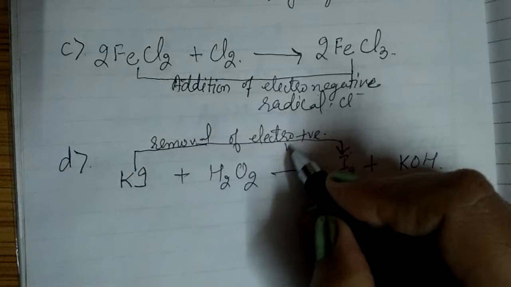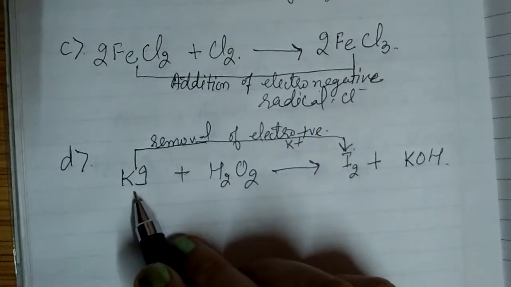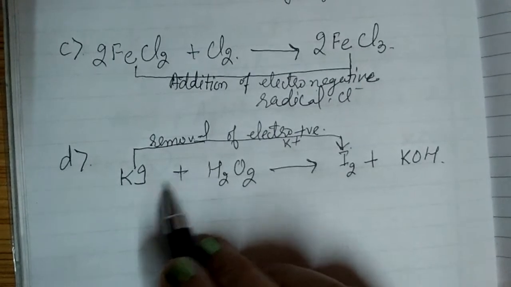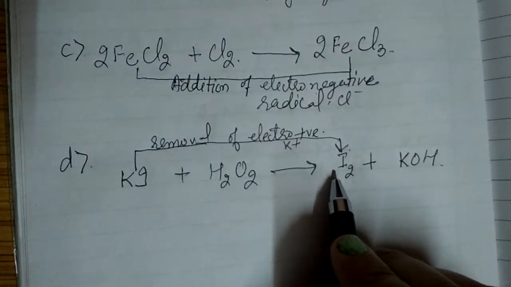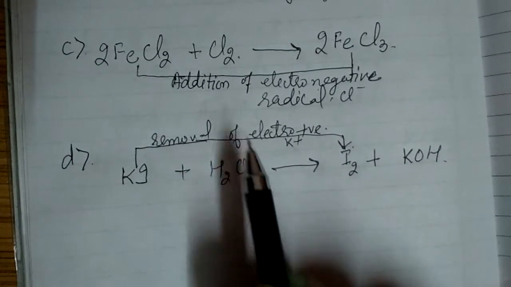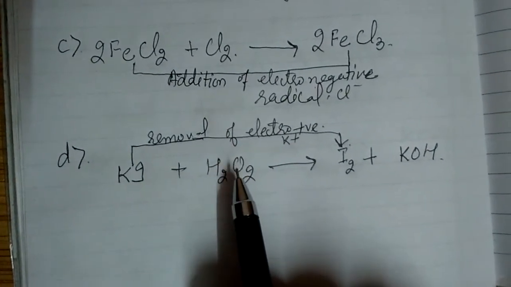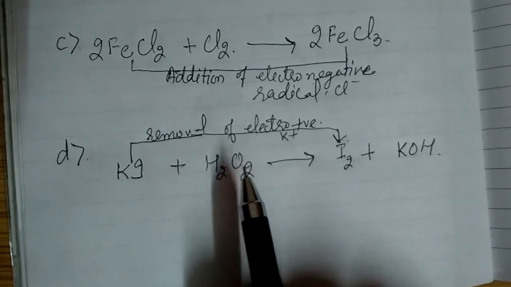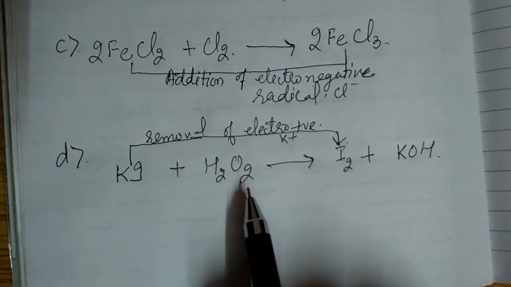This K positive radical is removed. Therefore, we say that this sort of reaction is an oxidation reaction. So students, I have provided you all 4 examples related to the 4 different factors which signify that this is an oxidation reaction. I hope you can understand well through these examples.